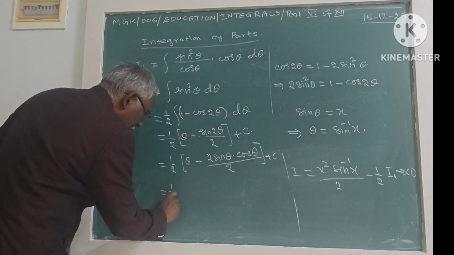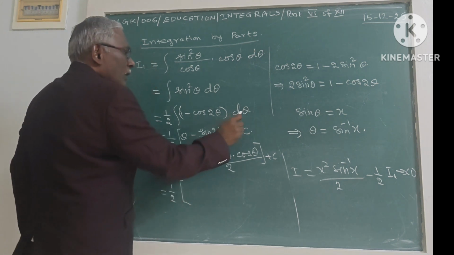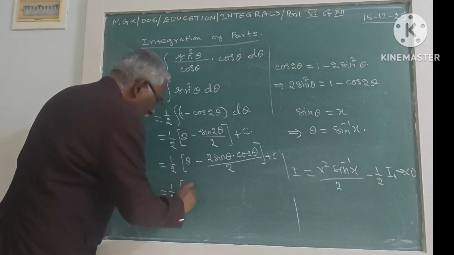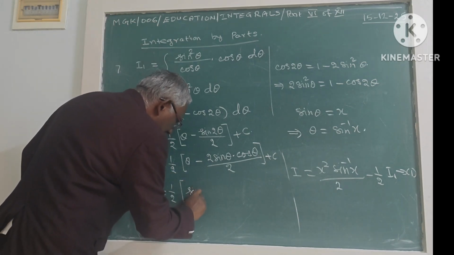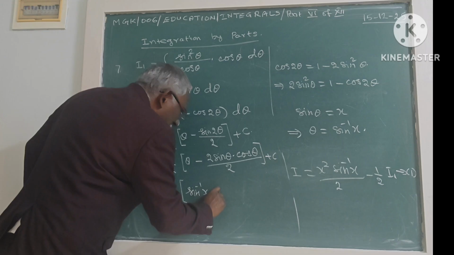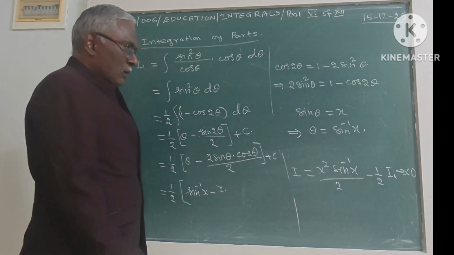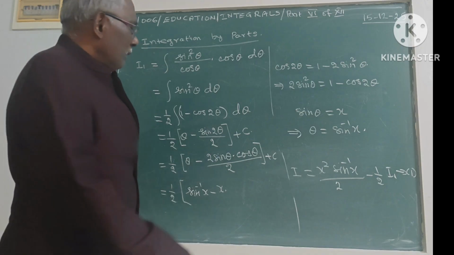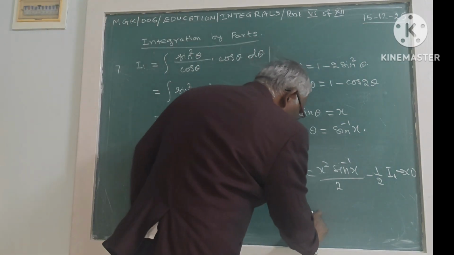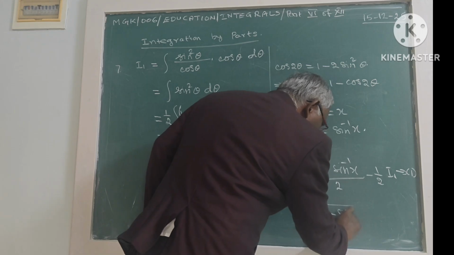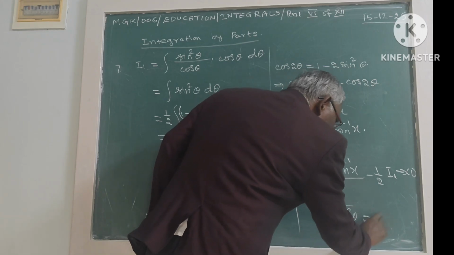The value will be half times sine inverse x, minus sine theta, which is x, times cos theta. What is cos theta in terms of sine theta? Square root of 1 minus sine square theta is cos theta.